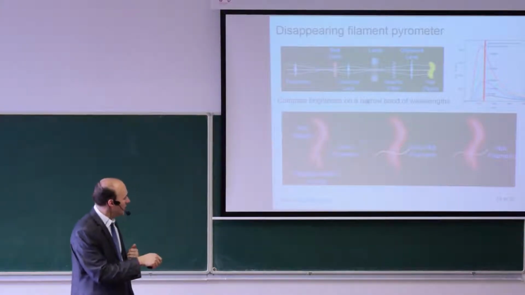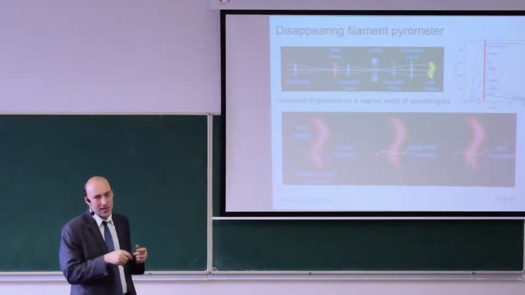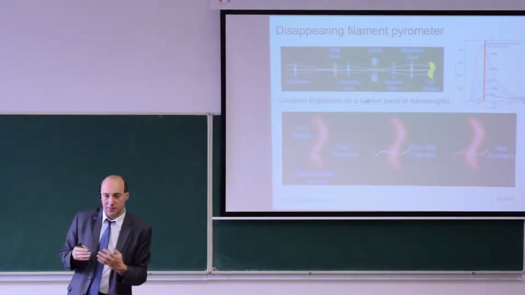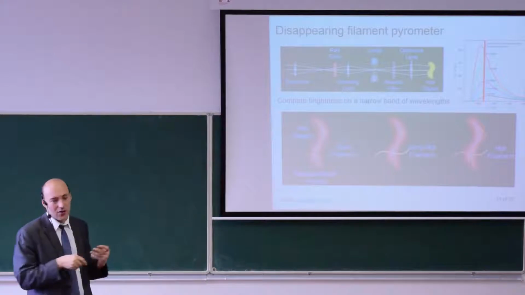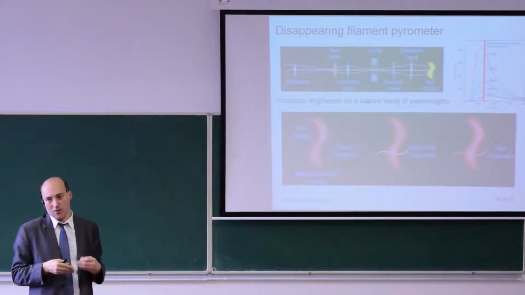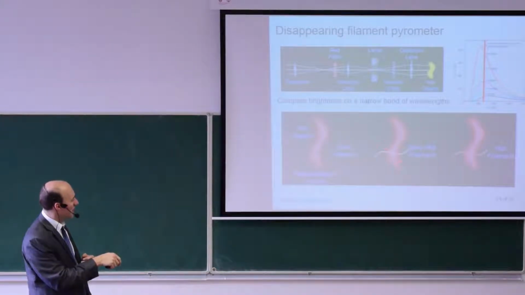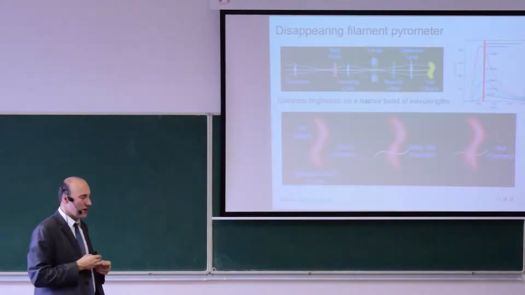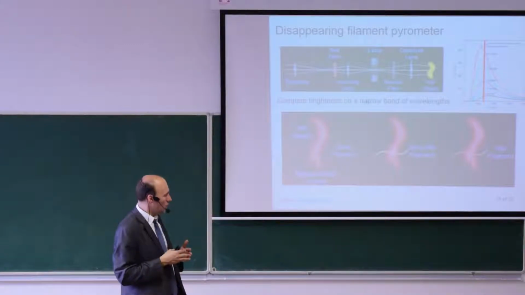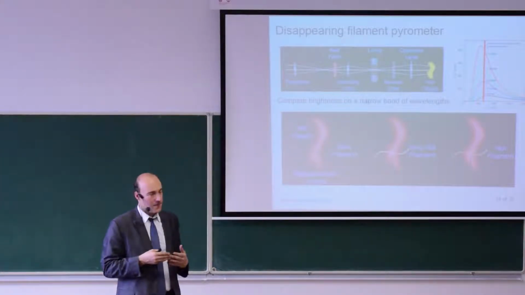So if the temperature of the filament is higher than the temperature of the object, then you see a bright filament on a relatively dark background. So you see something like this. And we know that this is not correct, because if the temperature is the same, we have the same color.